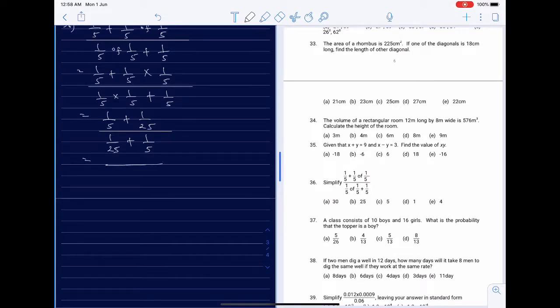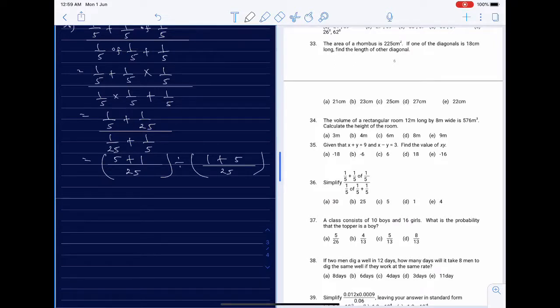The LCM of the numerator is 25. 5 in 25 is 5 times 1, that's 5, plus 25 in 25 is 1 times 1 is 1, divided by, instead of the division line, I'm writing divided by. LCM is 25. 25 in 25 is 1 times 1 is 1, plus 5 in 25 is 5 times 1 is 5.